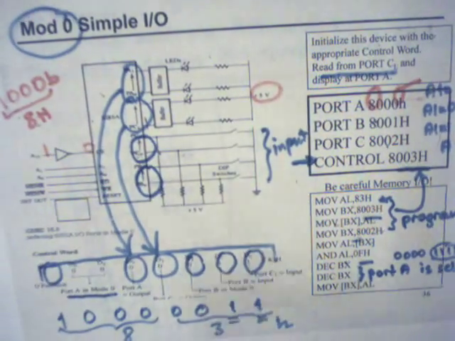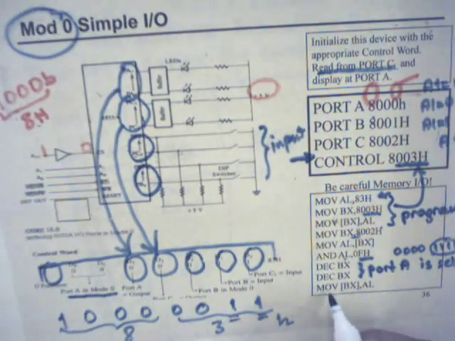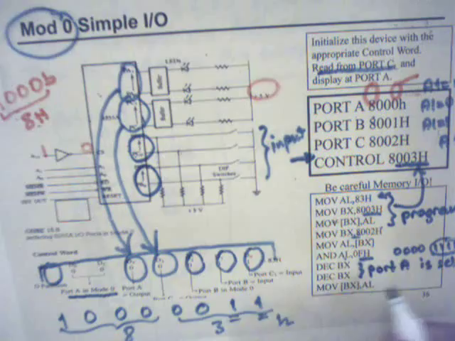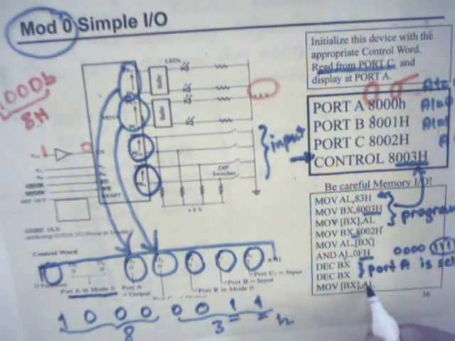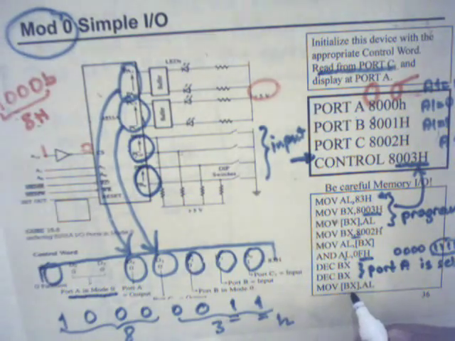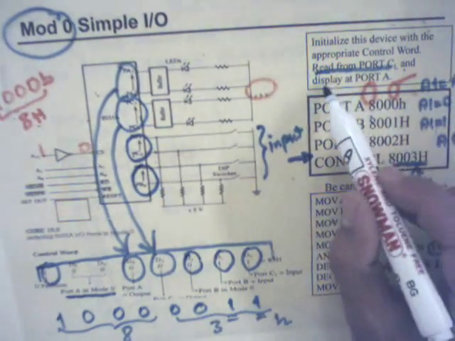After port A is selected, the information stored in AL, which had been read from the port C lower nibble, is sent to the address where the BX register holds it. So display at port A is realized.